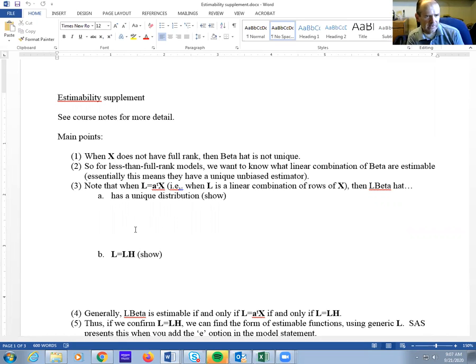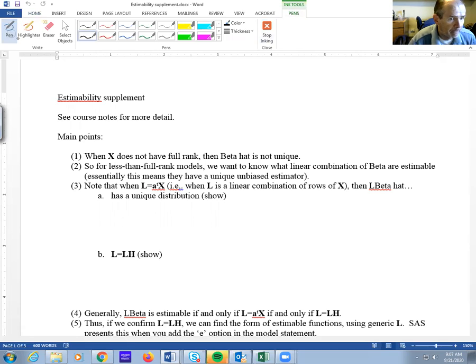So when you say what combination of beta, okay, so we're talking about L beta. Okay, so there's some combination of the beta that we're looking at, and L is a vector.